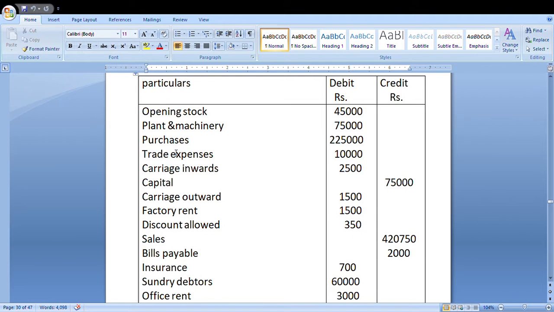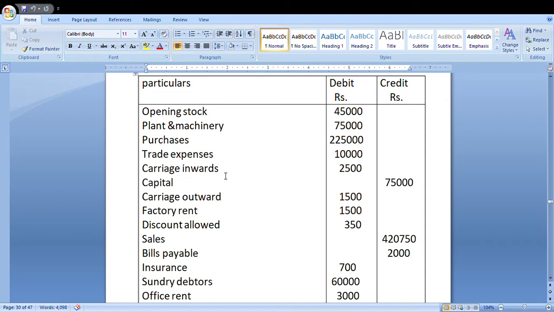Next one is trading expenses. This is not in the trading account. This is also an expense and enters the profit and loss account. Carriage inward enters the trading account. Carriage also has two types: one is carriage inward, another is carriage outward.